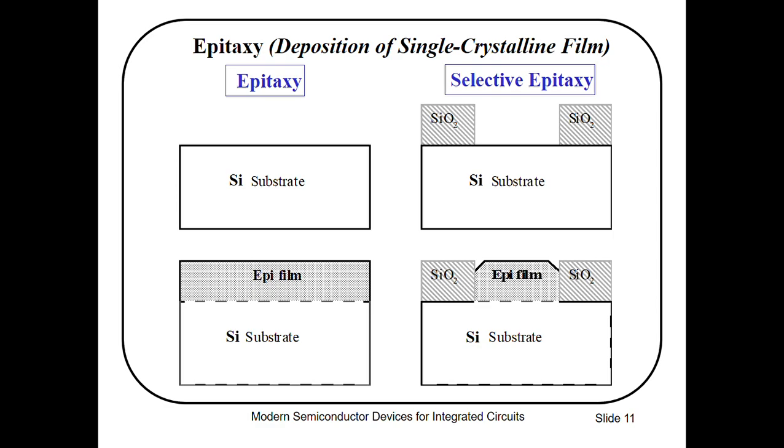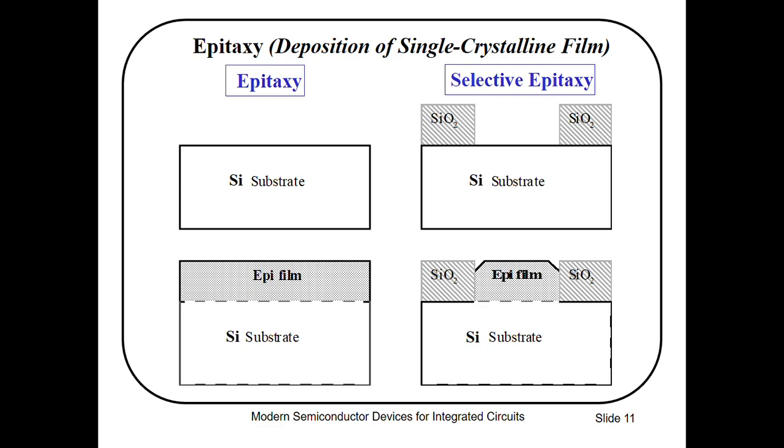Epitaxy produces a crystalline layer over a crystalline substrate. So these figures, this is figure A for epitaxy and this is figure B for selective epitaxy. Epitaxy produces a crystalline layer over a single crystalline substrate. The figure illustrates the epitaxy process.